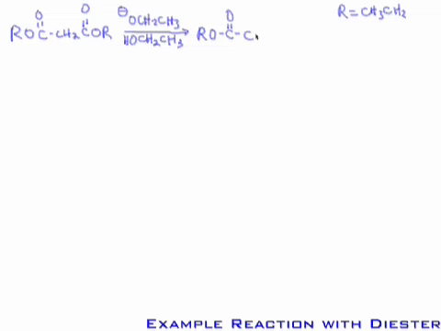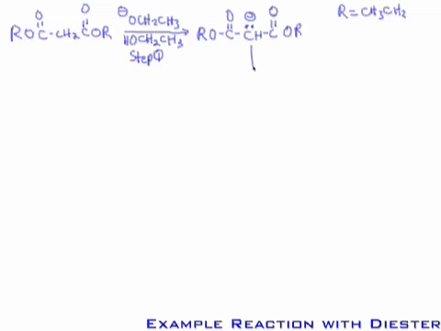Well, of course, as we've shown, this guy will form a carbanion that is resonance stabilized. Now we've already drawn the resonance structures, so I'm not going to draw those again. Now this is step 1, and it's called carbanion formation.